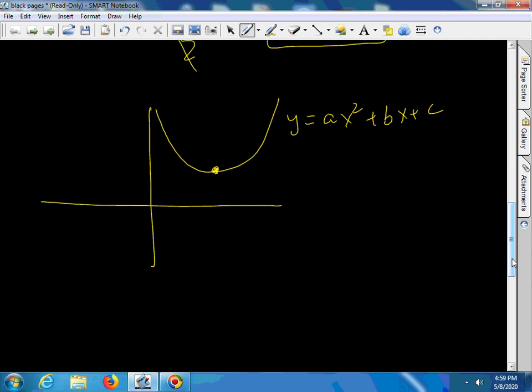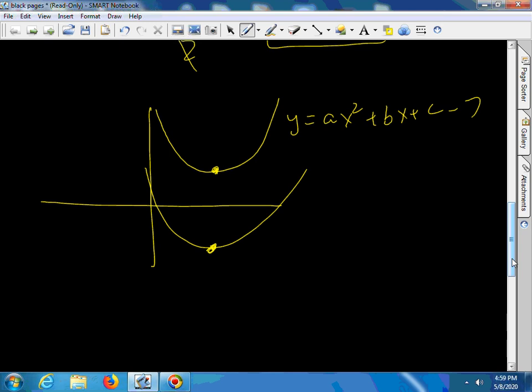Nobody's going to argue with this. Now, if you brought the graph down, maybe you took away 7, and now the graph looks like that. It's still going to have the same exact x value.